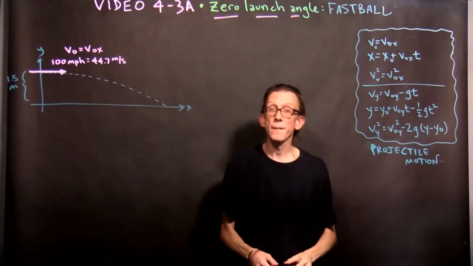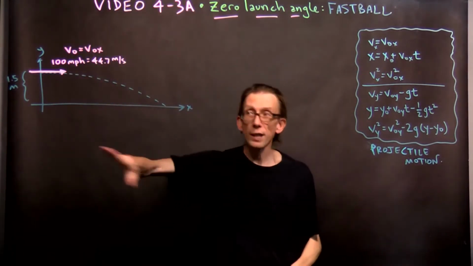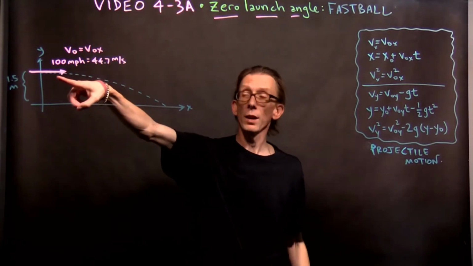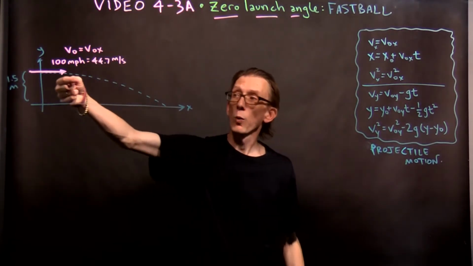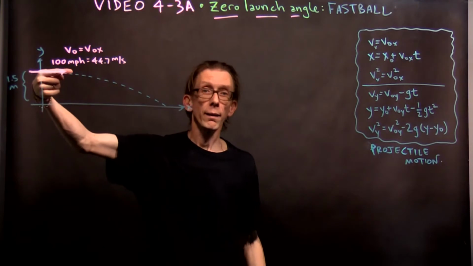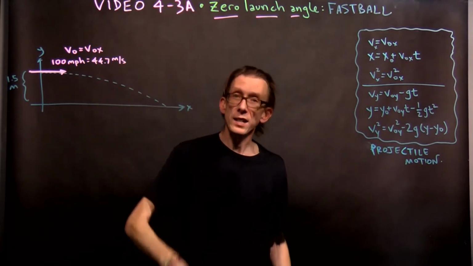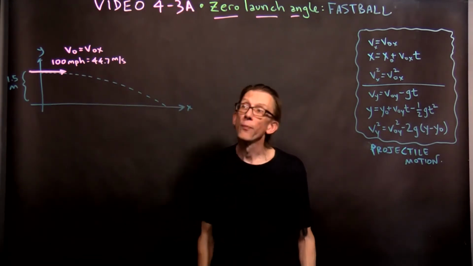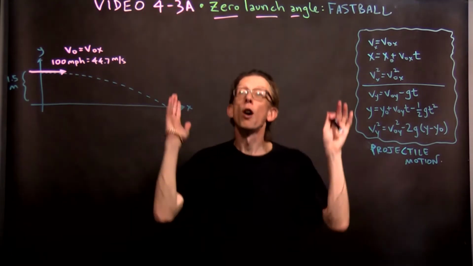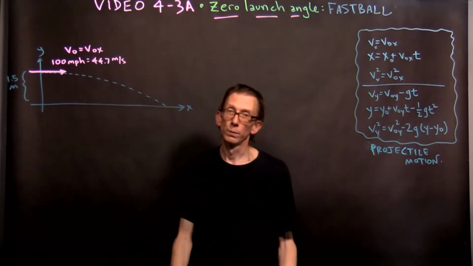The initial velocity, V naught, is all in the x direction. This pink vector is at right angles to the y axis. It is pointing directly horizontally. It has no y component at all.